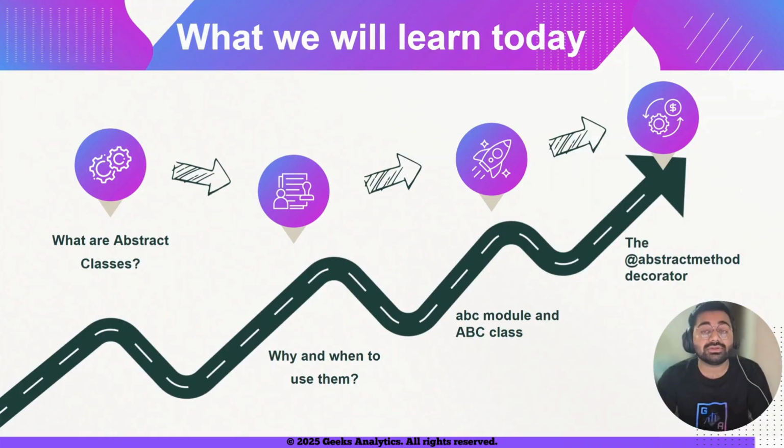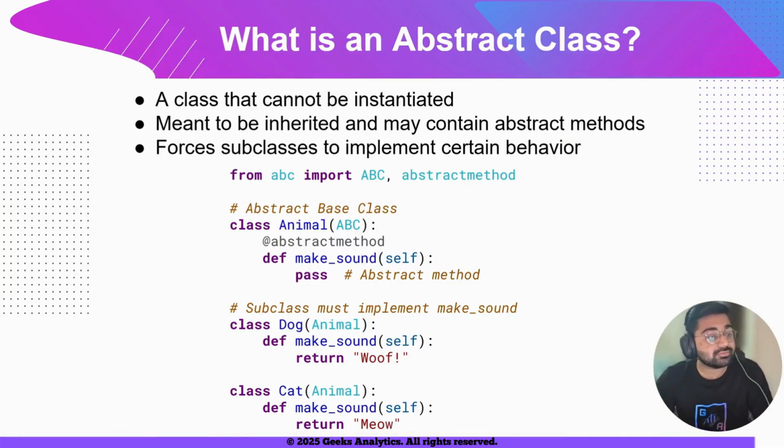Abstract classes work as a blueprint for the derived classes. This helps us enforce a consistent structure across subclasses when we have multiple subclasses to define. We will also see how to use the ABC module and what the abstract method decorator is.